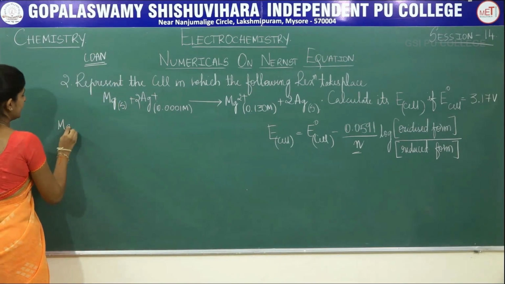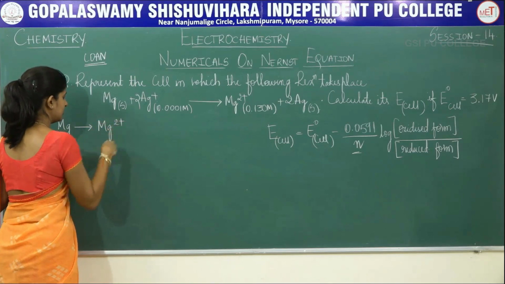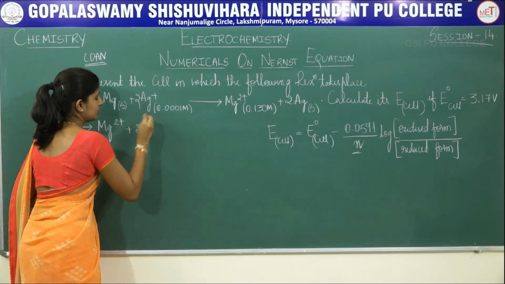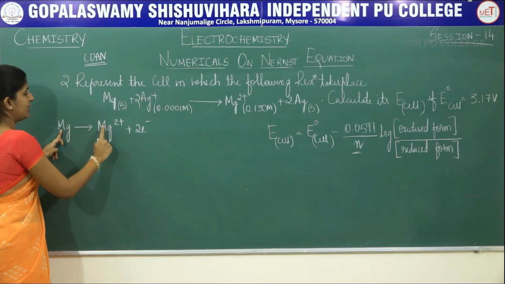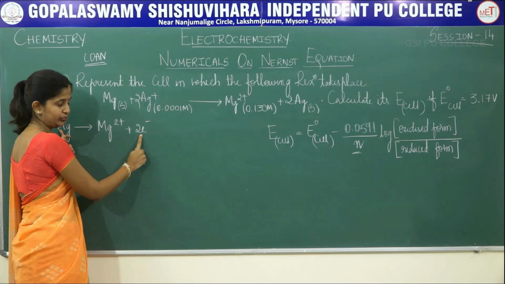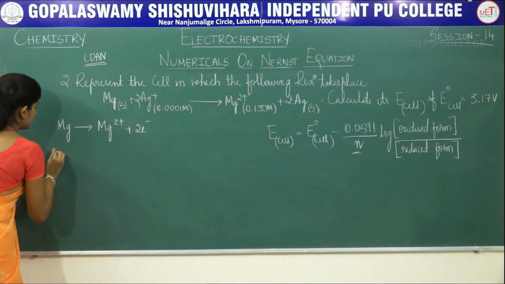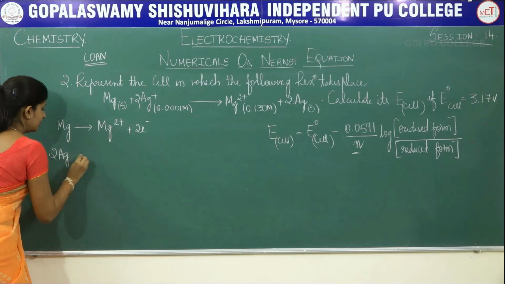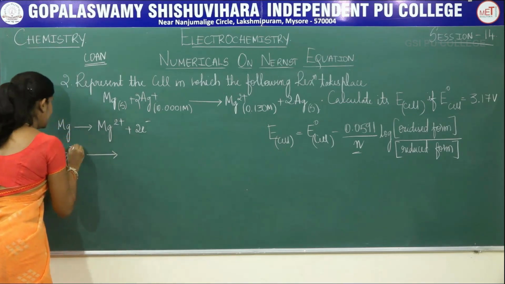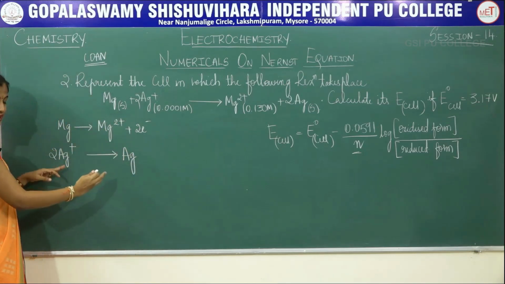Say for example, first thing, magnesium to Mg2+ plus 2 electrons, right? Magnesium to magnesium 2+ means 2 electrons have been removed, so plus 2e-. The other one is 2Ag+ plus 2e-, where reduction is happening.